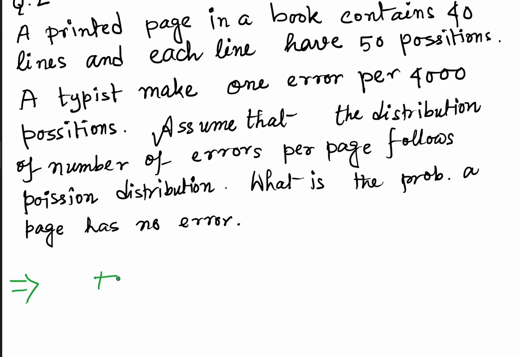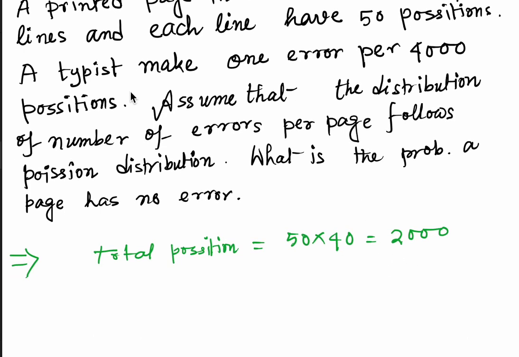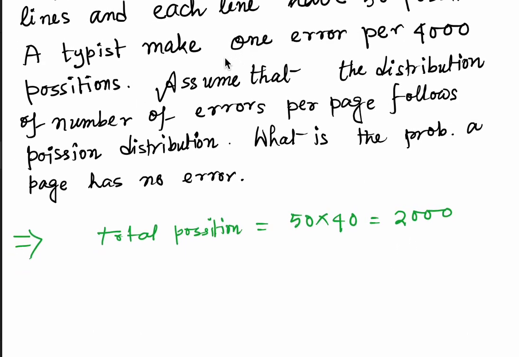The total positions are 50 into 40, which is 2000 positions. Now this typist makes one error per 4000 positions.